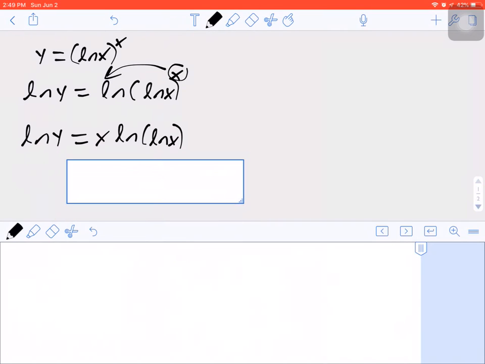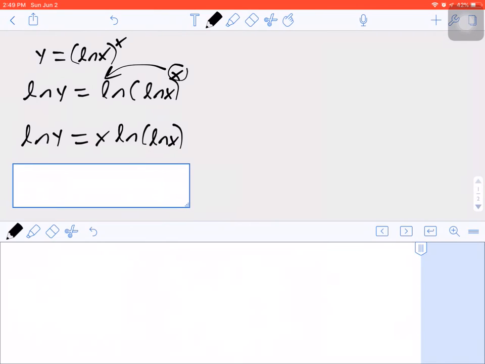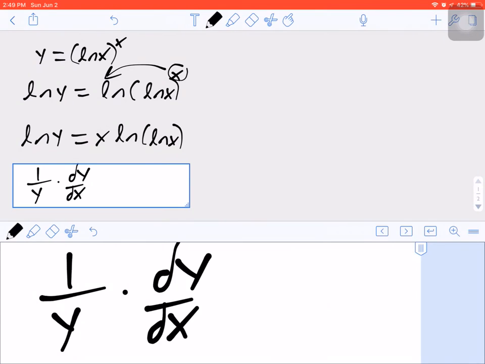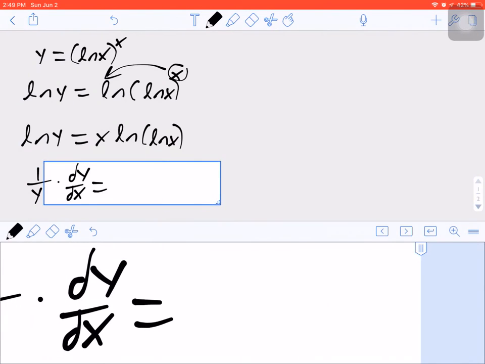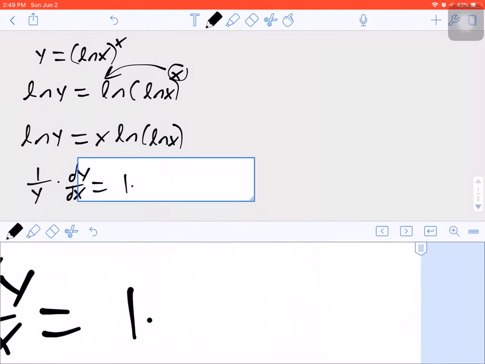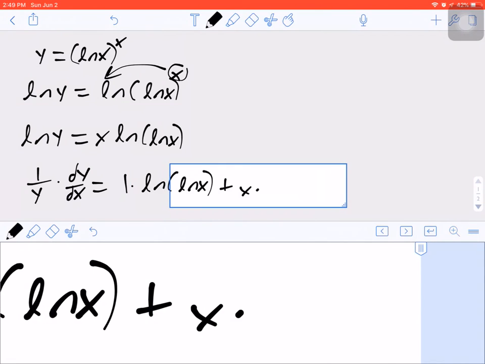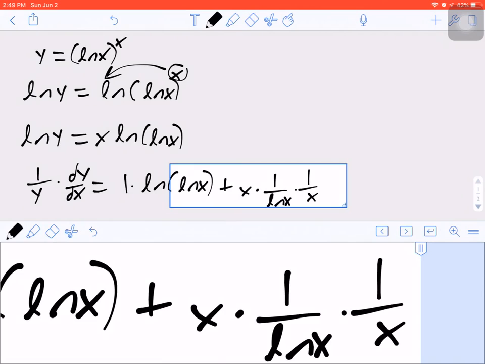Okay, now we're going to take the derivative. So the derivative of ln of y is 1 over y times the derivative of y, which is dy dx. And then equals, we got to do the product rule here. So derivative of x is 1 times ln of x plus x times the derivative of ln of x, which is 1 over x.